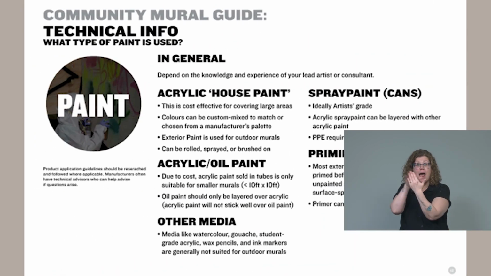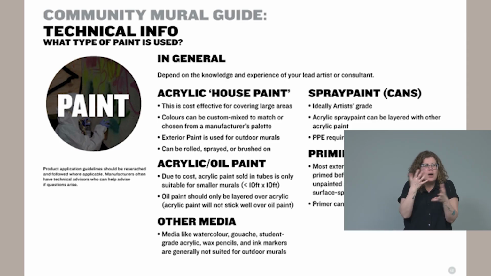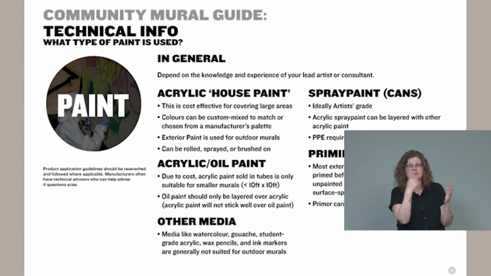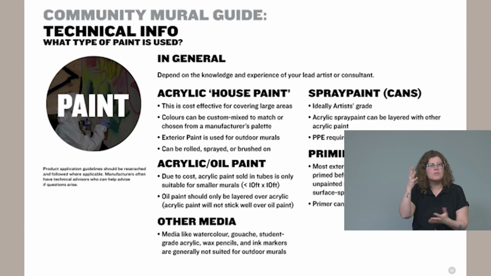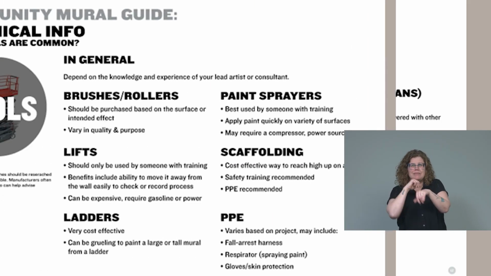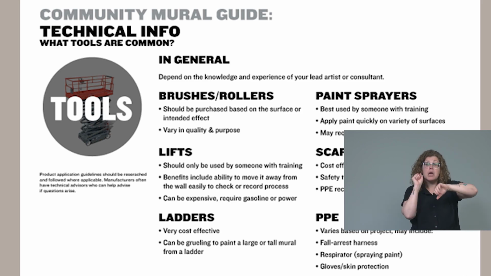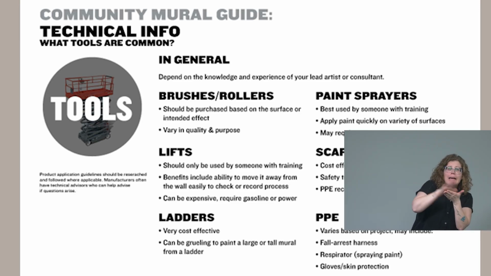AJ's resource guide really gets into some of the technical information that would be required for the detailed design of a mural. He talks about the type of paint that you would use, whether or not it's spray paint, or it's house paint, or it's acrylic or oil paint, how you prime, how you cover, what other media you might include in your project. He talks about brushes, rollers, lifts, ladders, sprayers, scaffolding, any PPE that you need to protect the artist and also to protect the public from the site.